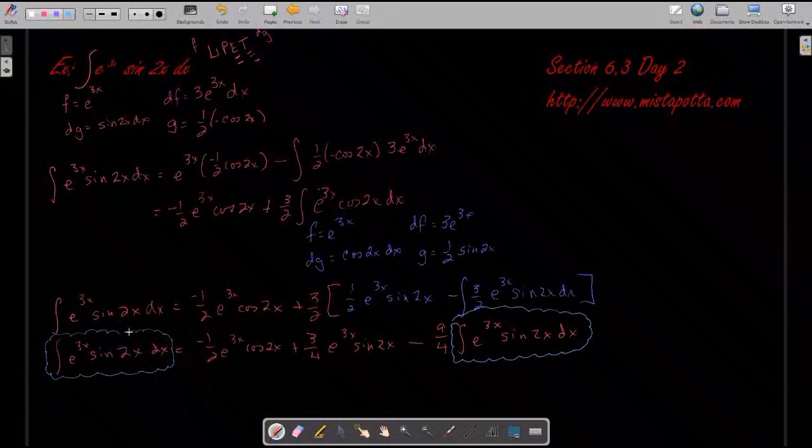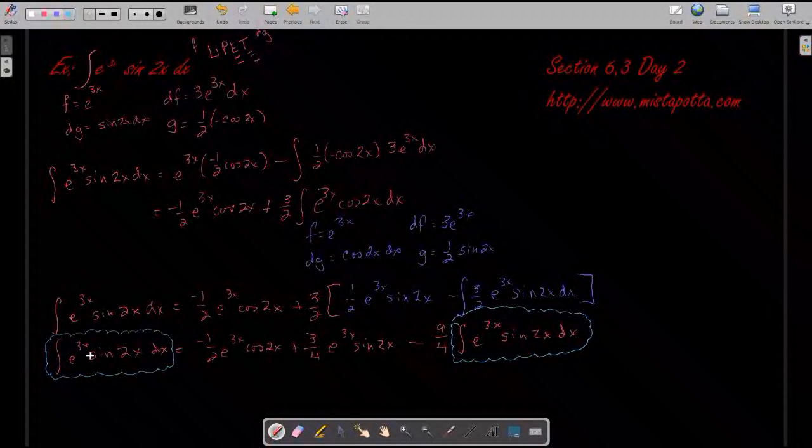And this illustrates one of the problems we have when we have mixed trigonometric and exponential functions. If we're trying to find the antiderivative of a product of a trig function and an exponential function, we'll end up in this never-ending cycle. And the reason we do is because e to the 3x doesn't actually simplify when I take its derivative.